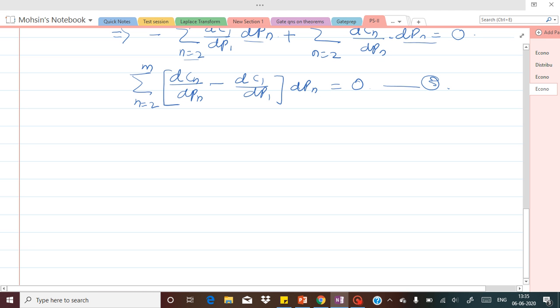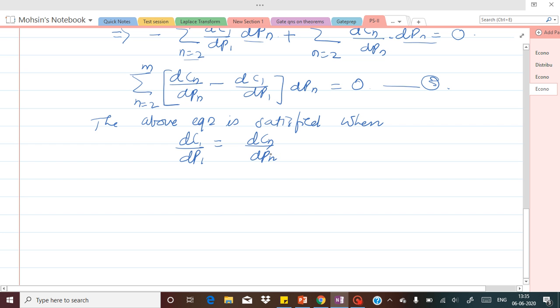So let us say the above equation is satisfied when dc1 by dp1 is equal to dcn by dpn.